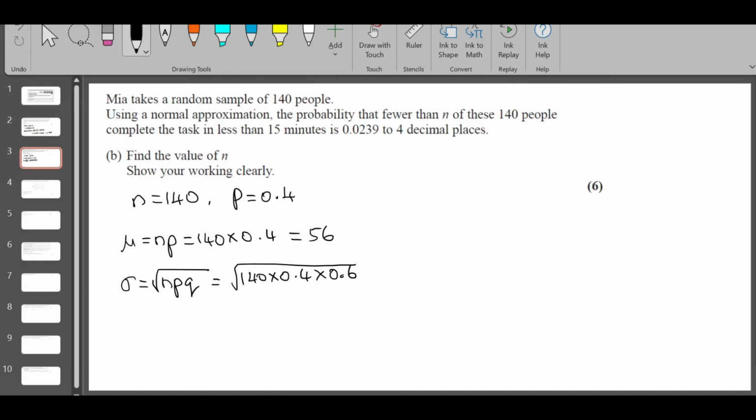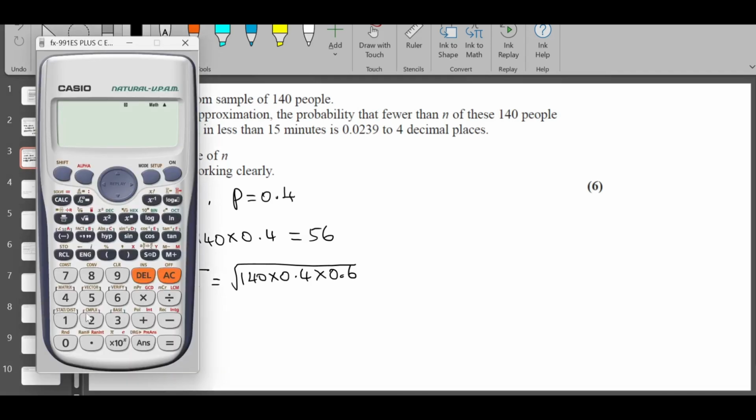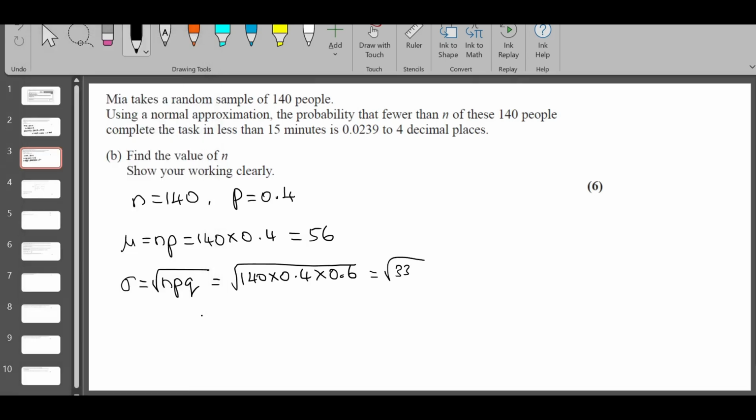Okay, let's calculate sigma now. 140 times 0.4 times 0.6 is 33.6, so sigma is square root of 33.6. So when X follows binomial distribution of 140, 0.4, when you approximate it, Y follows normal distribution of mu, sigma squared.